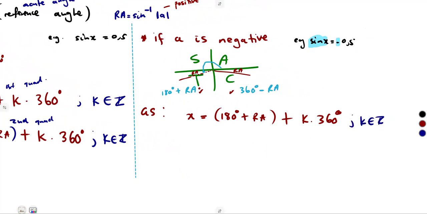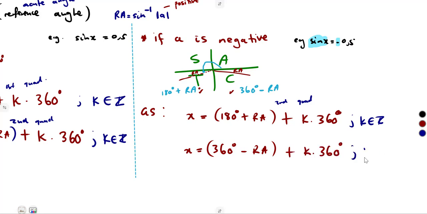We do the same thing for the angle that lies in the fourth quadrant. For the fourth quadrant, our x is 360 minus the reference angle, plus k times 360, just like that. We are going to have that as our general solution.